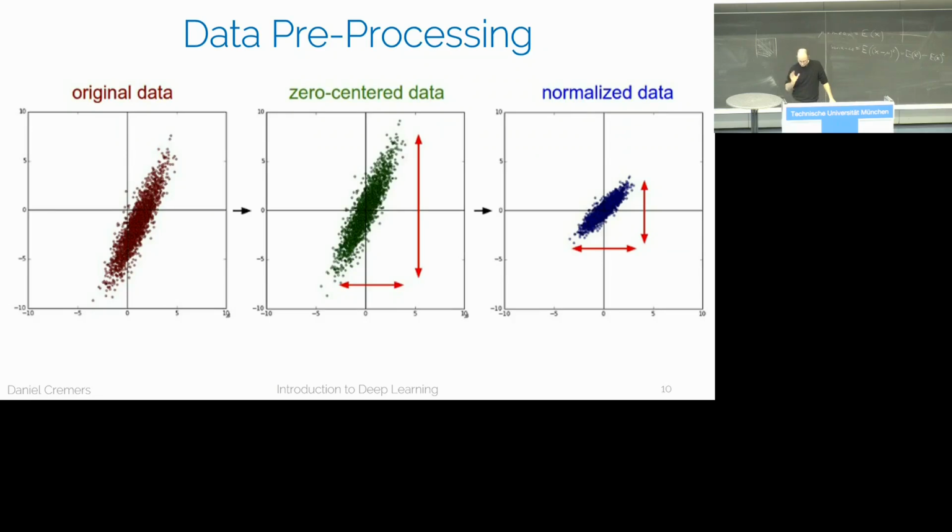There are many definitions of what you mean by normalizing, but here, and this is a very classical idea in statistics, sometimes it's called normalizing, sometimes it's called whitening. The idea is you start with original data, and you first normalize it so that the mean, you see this is not centered around 0, this is offset, so you normalize it so that it's centered around 0, and then you normalize it in scale so that you have a unit variance, if you will.